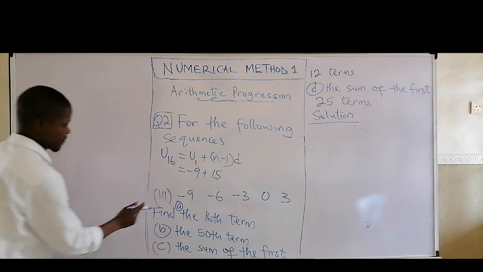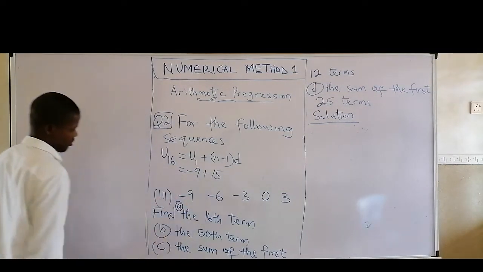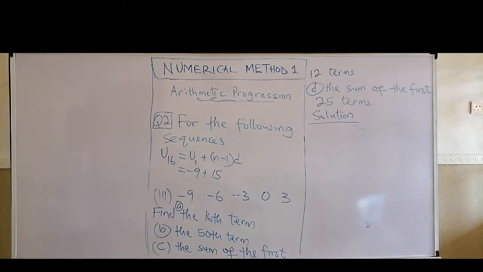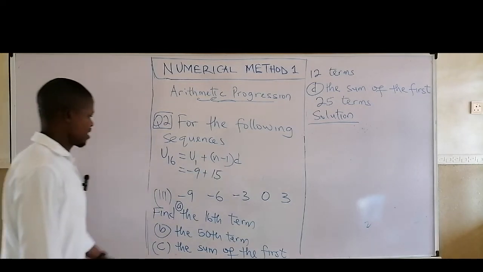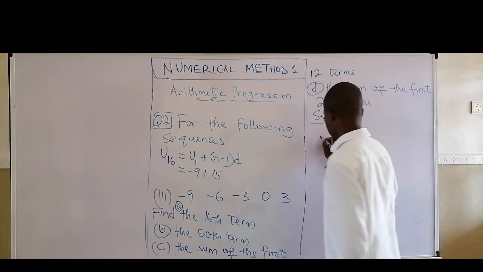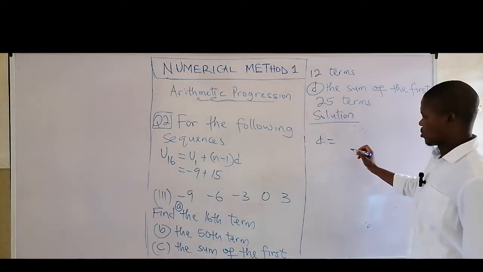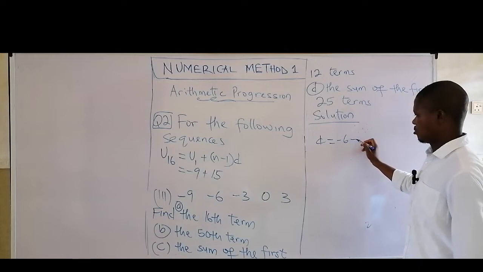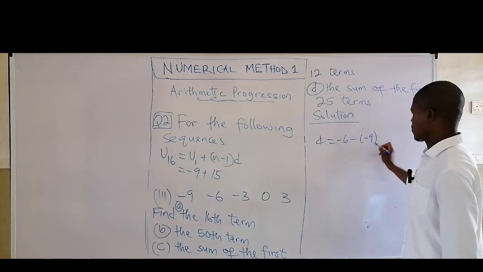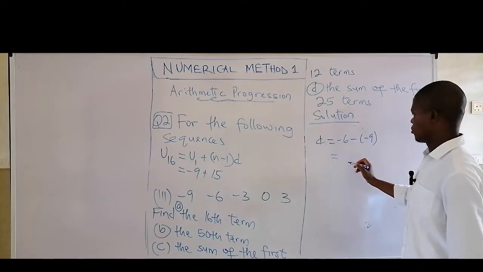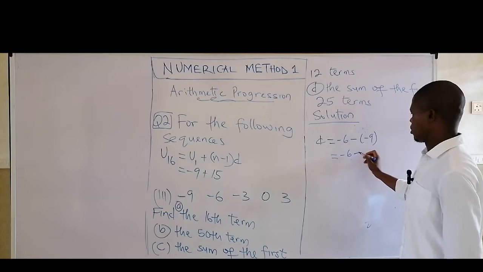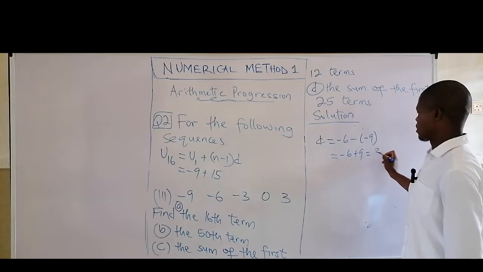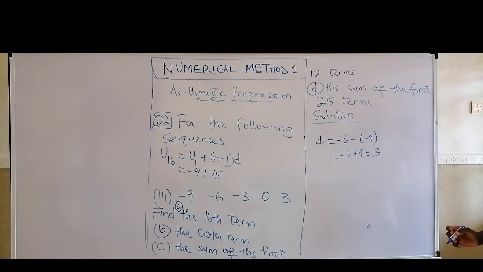The common difference. If we check this one, let's get the common difference for this case. The common difference for this case is d equal to minus 6 minus minus 9. And that will be equal to minus 6 plus 9. And that's 3. Okay?